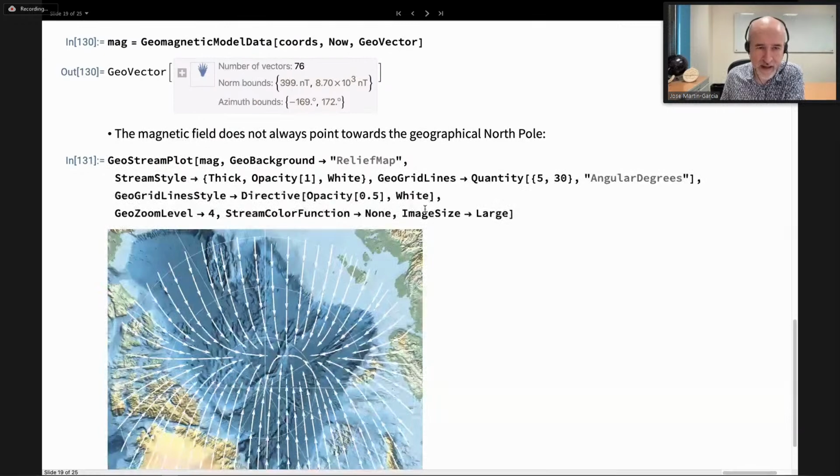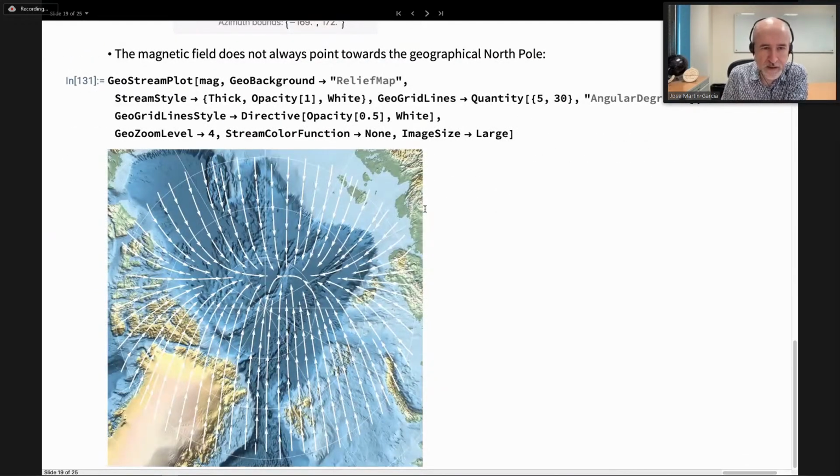And we get something like this. This is a harder computation, so it takes 10 seconds or so. And so you see how the lines are accumulating here. This is the point of the deep pole that we were discussing before.